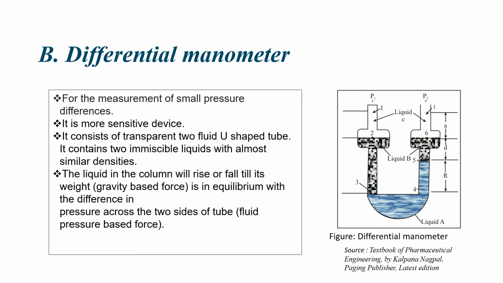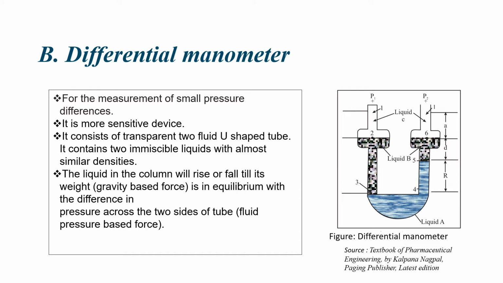The second subtype of liquid column based manometers is differential manometer. In contrast to the previous simple manometer, the second fluid, which earlier can be a gas or normal atmospheric air, we can replace with another liquid. So by replacing the air with another liquid, now we have two different liquids for the measurement of small differences in the pressure.